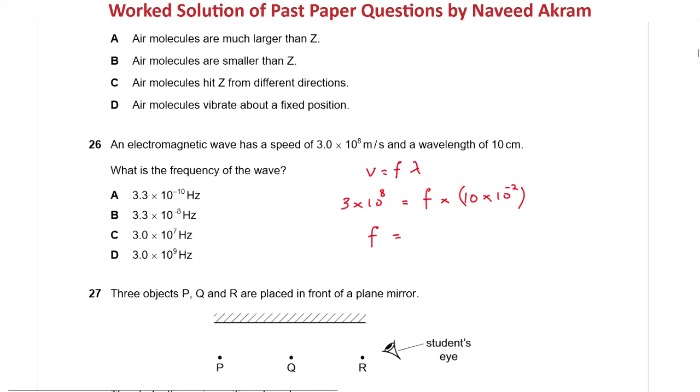So frequency will be 3 into 10 raised to the power 8 divided by 10 into 10 raised to the power minus 2, or we can write it as 10 raised to the power minus 1. So it will become 3 into 10 raised to the power 8 minus 1, which is equal to 3 into 10 raised to the power 9 hertz. So it is option D.